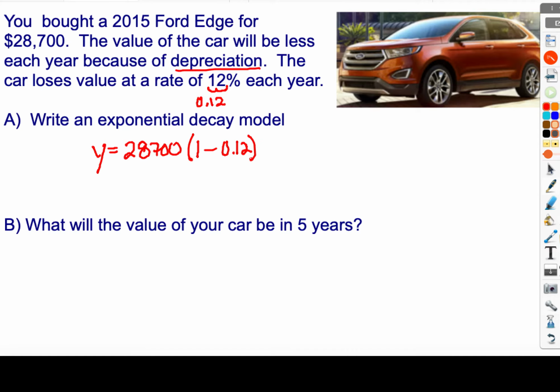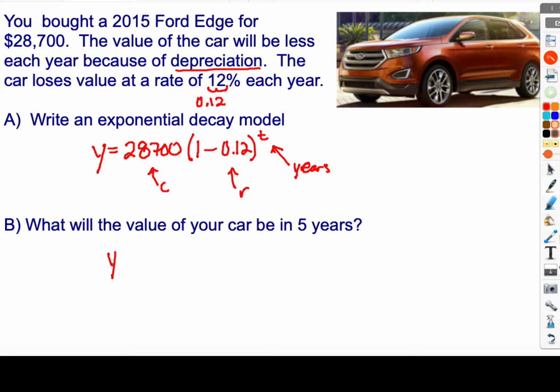1 minus r. And we're going to write that model for any number of years, so let's call it t up here. This is your r value. This was your c, or your principal value, your initial amount. And t is going to be our number of years. What will the value of your car be after 5 years?